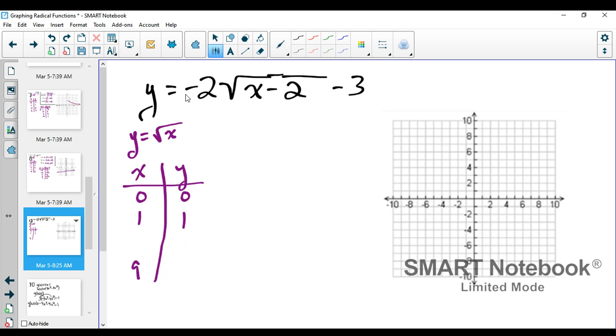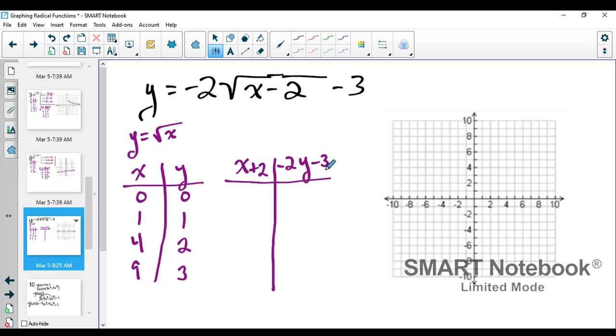It should be 4, because the 2 goes here, and 3. And now we need our second t-chart to do all of our transformations. All right, so with x, it's -2 here, so it means it's +2 here. We're going to bring the -2 down and multiply it by y, and then just bring the -3 down.